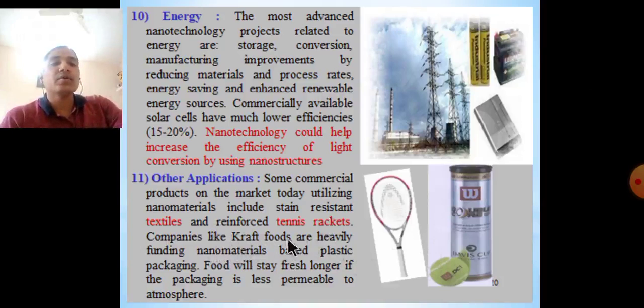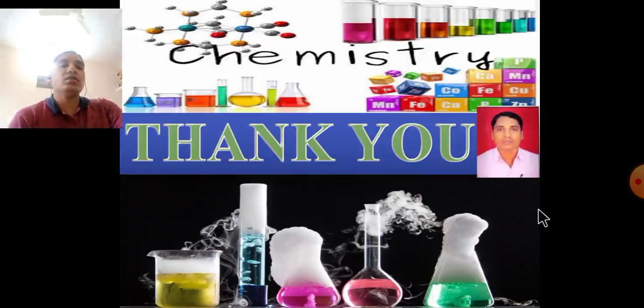Companies like Kraft Foods are heavily funding nanomaterial-based plastic packaging. Food will stay fresh longer if the package is less permeable to the atmosphere. These are the applications of nanomaterials.